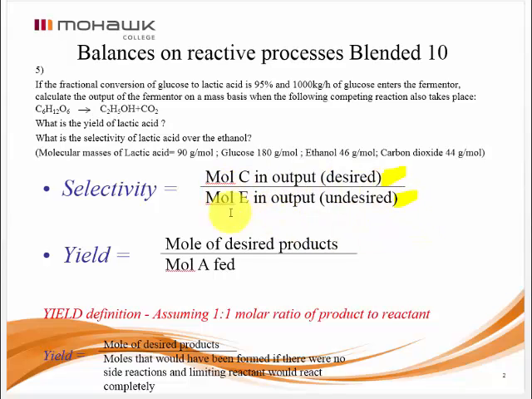Yield is defined as the ratio of moles of the desired product or products divided by the moles of the limiting reactant fed into the process, assuming that we have a 1:1 molar ratio of product to the reactant, and in fact in our process 1 mole of the reactant would produce 1 mole of the product, whether it is a desired or undesired product.